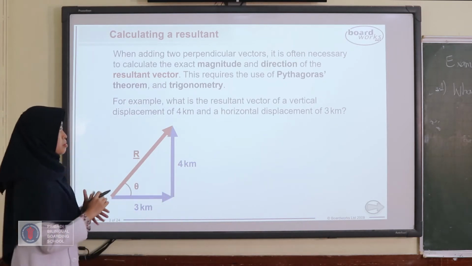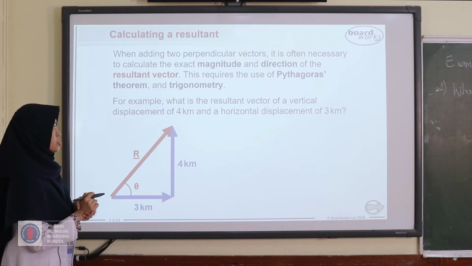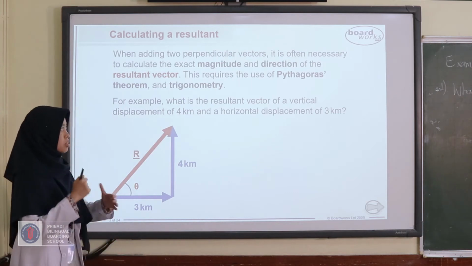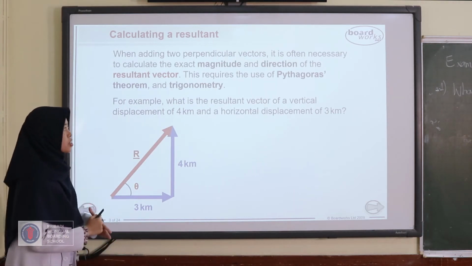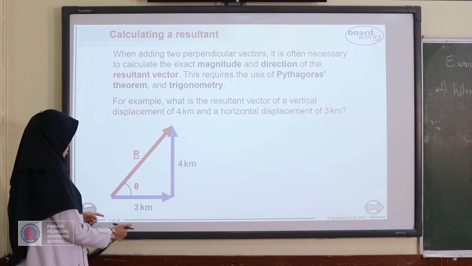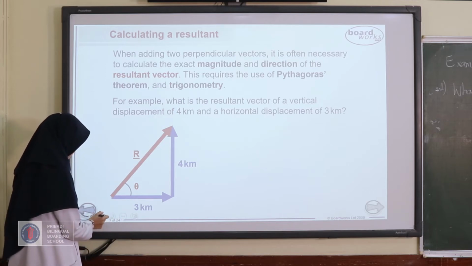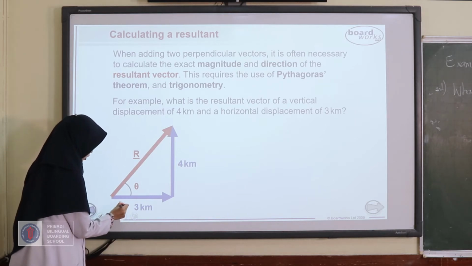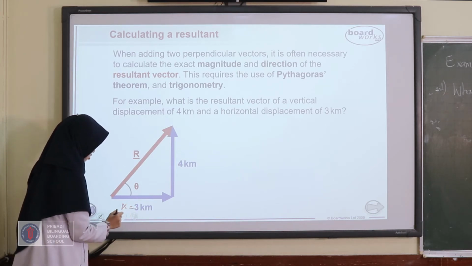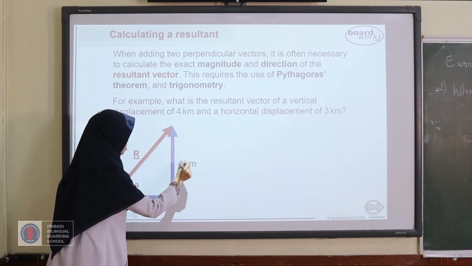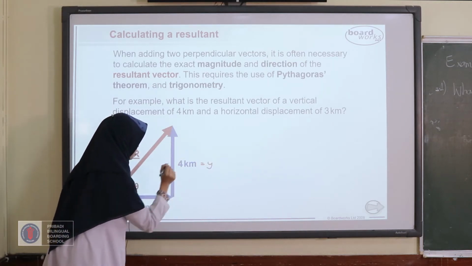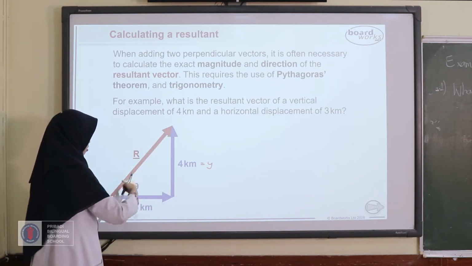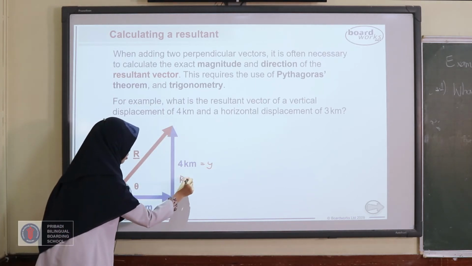So in order to find the magnitude, you need the knowledge from math, that is Pythagoras theorem. So let us remember the equation of Pythagoras theorem. Suppose that this is x, okay? And this is y. So in Pythagoras theorem, in order to find this r, suppose that this is r, okay?